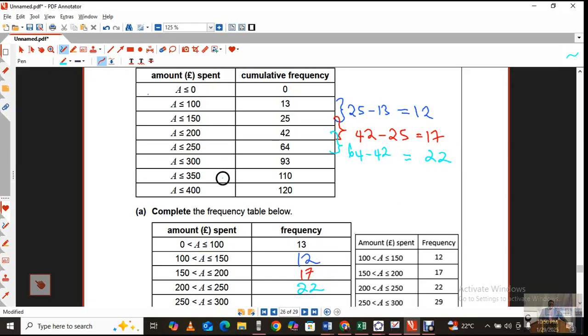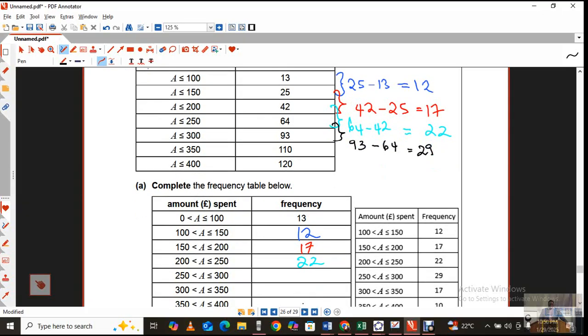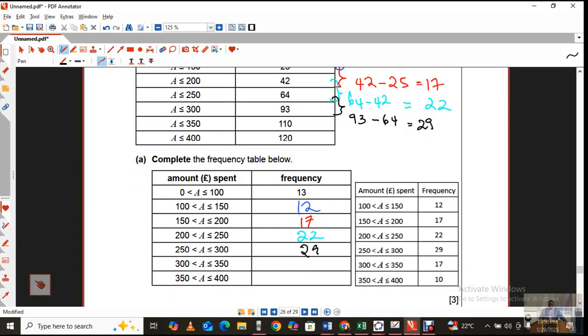The people who spend between 250 and 300 will be 93 minus 64. Okay? 93 minus 64, that is 29. That is where the 29 is coming from. And you can complete the rest and you will see that the answers will be 17 and 10 respectively. Okay, that's how I have the table over there with solution.